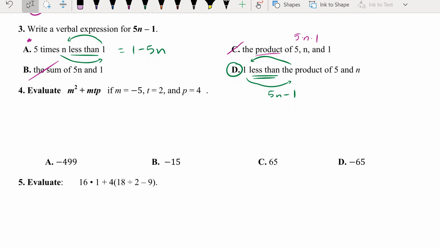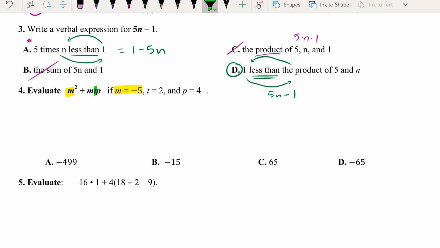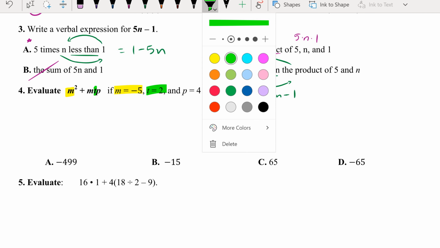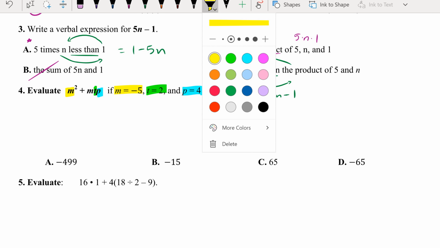Number 4. Evaluate m squared plus mtp if m is negative 5, t is 2, and p is 4. So all we need to do is plug them in. M is negative 5, t is 2, and p is 4. So I missed another m right here.